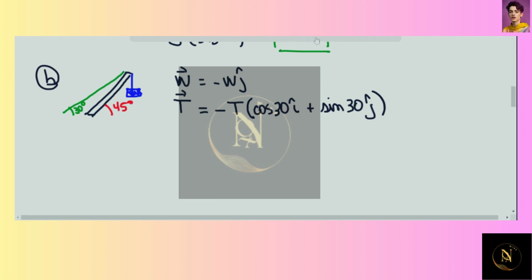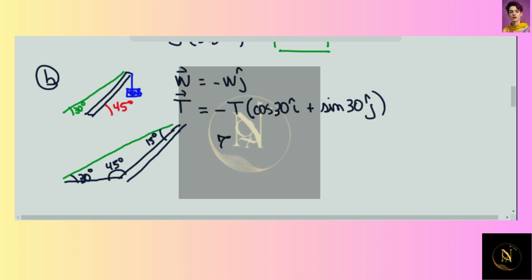I'm going to zoom in here. This is the situation. Notice that the rope makes an angle of 30 degrees with the ground. Here is an angle of 45 degrees. So this means that in order for this to be a triangle, we need this angle to be 15 degrees, so that the sum is 90. Okay.